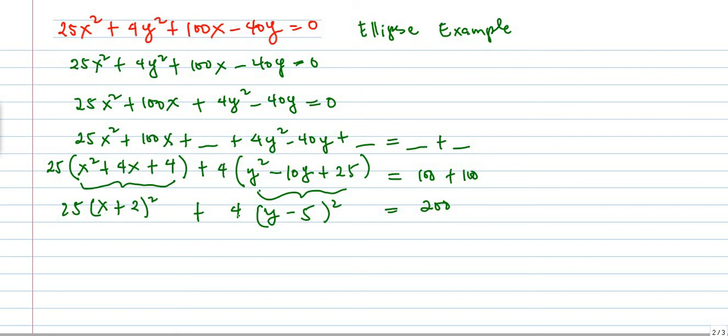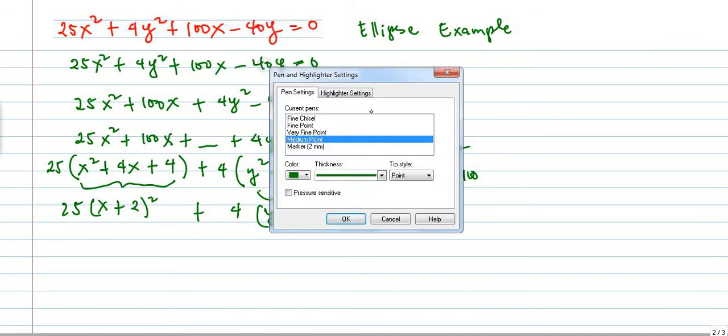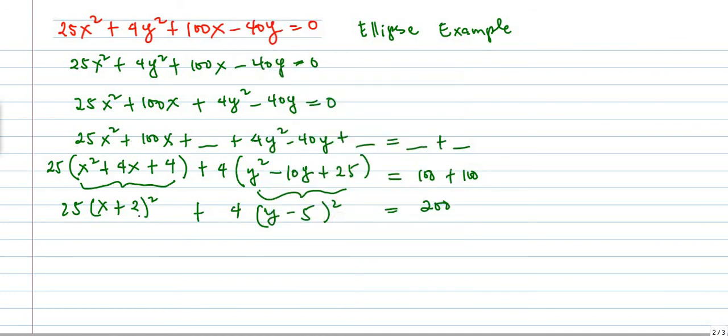For 25, we must have our multiplier here as 1 over 200, because we need 1 on the right side. So 200 only, so that it becomes 1. So, multiplier. So that the result is, we have 25 over 200, that is 8.